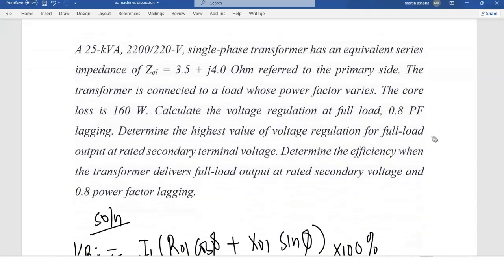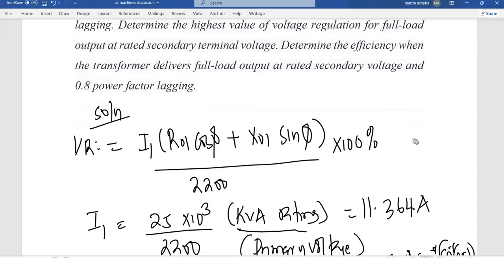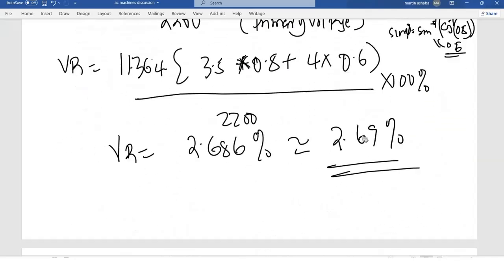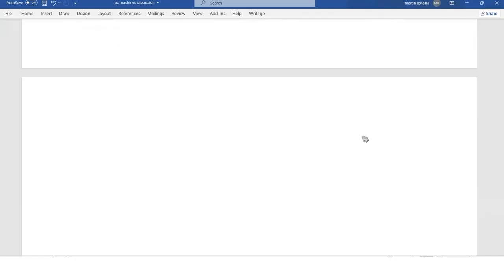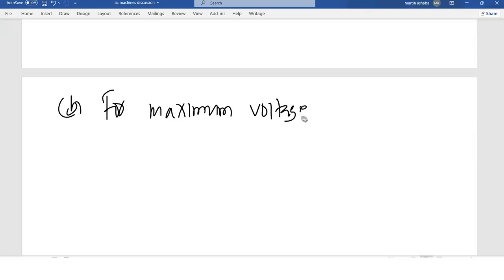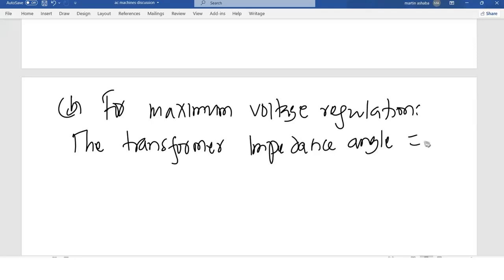The next question says, determine the highest value of voltage regulation for full load output at rated secondary terminal voltage. So for part B, we must know that for maximum voltage regulation, the transformer impedance angle is equal to the angle of the power factor.